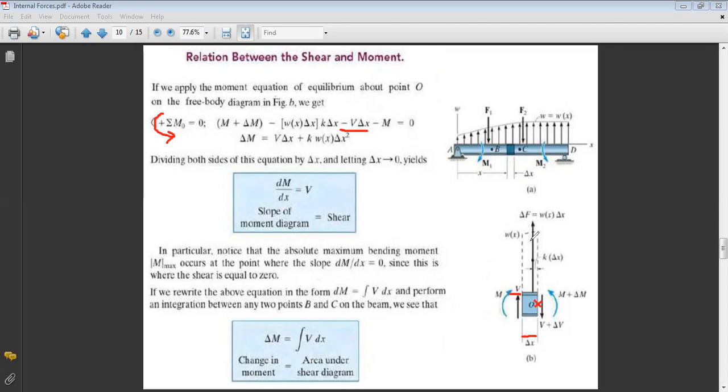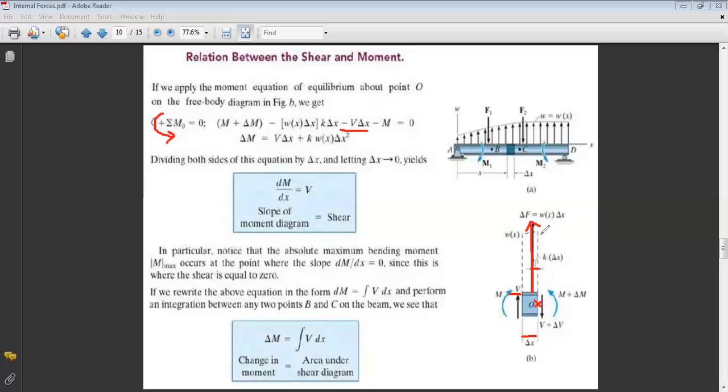Now, for the distributed load, you know that when you have a distributed load, the resultant force passes through the center of the area. So I can replace the distributed load by a resultant force at a certain distance here. Now I don't know exactly what the distance is, because it depends on the type of the distributed load.